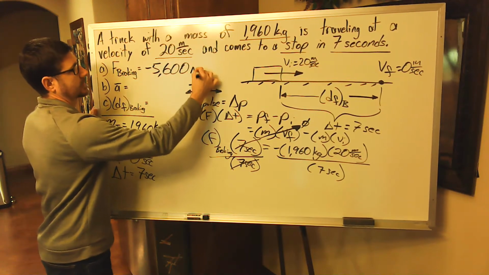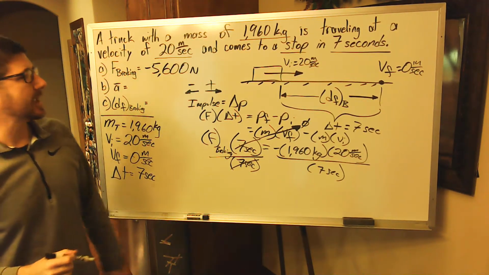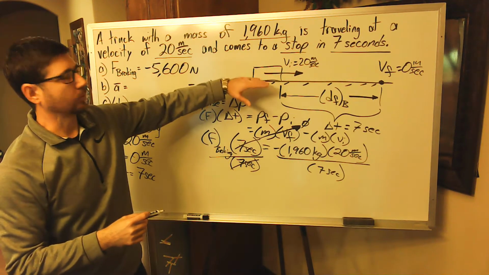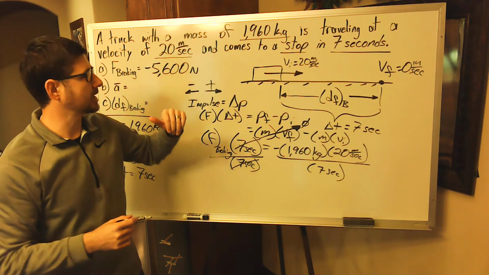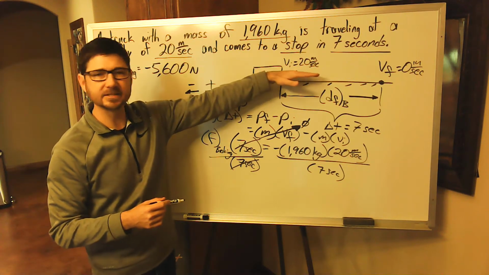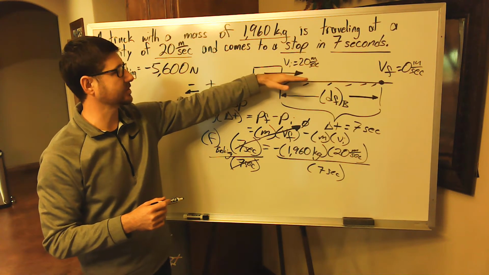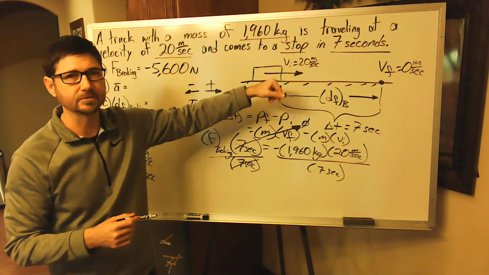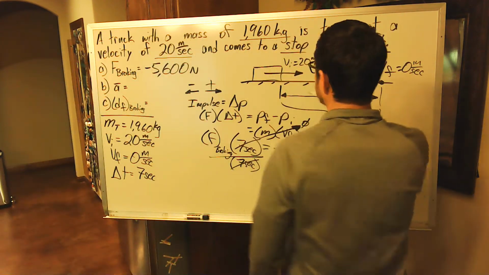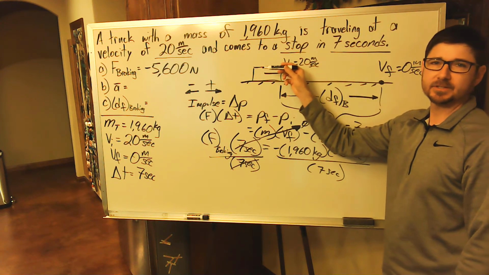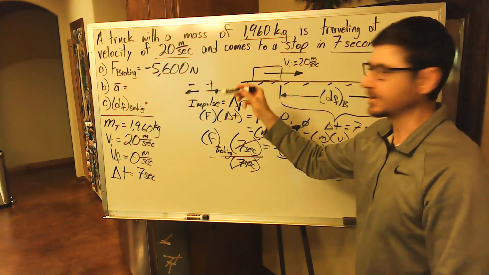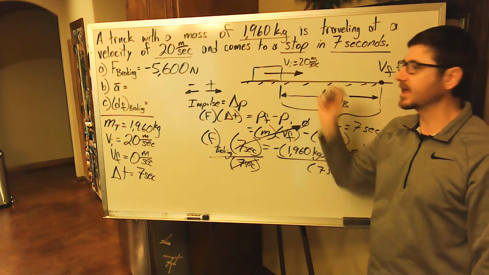We know it's going to be negative because our braking force is applied in the opposite direction of our initial velocity. Our initial velocity is in the positive x direction, so we have a positive 20 meters per second. But the braking force is applied in a negative x direction, so that's going to slow us down. Our net force is in the negative x direction.